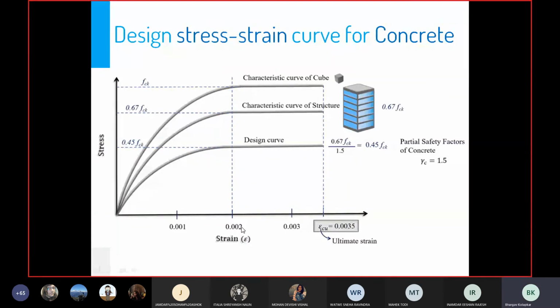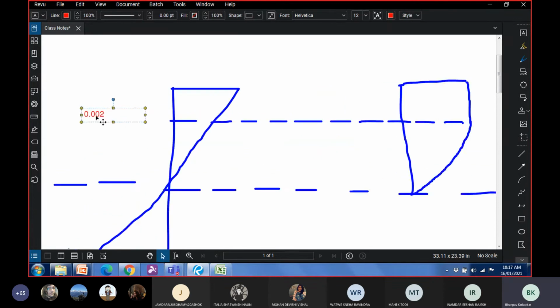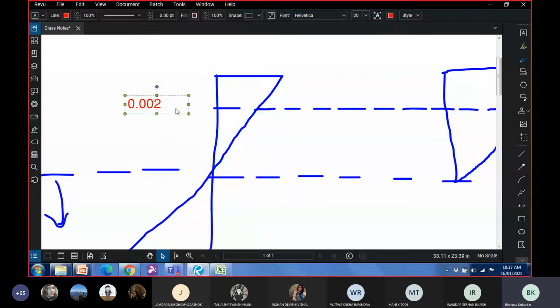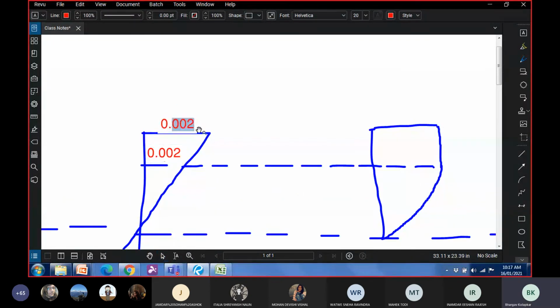So it's a parabola until the strain value of 0.002, and then it's a rectangle from 0.002 to 0.0035. So if I draw this line here, which indicates strain value of 0.002, so this is 0.002. This strain value is 0.0035.